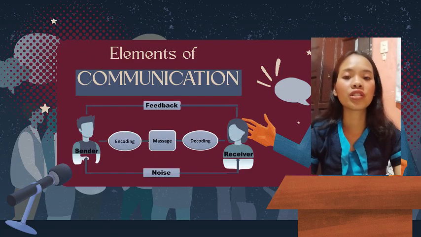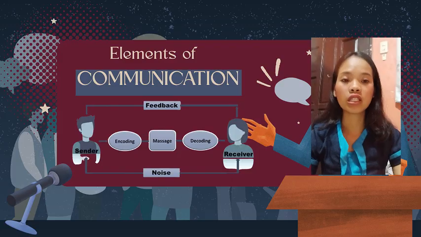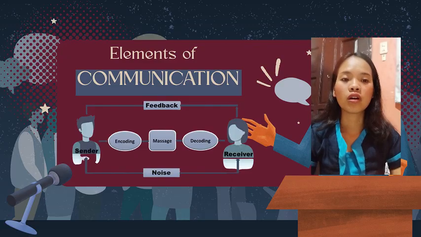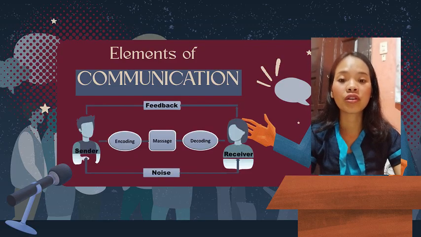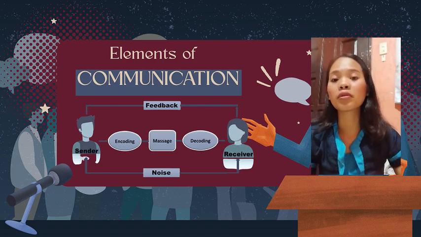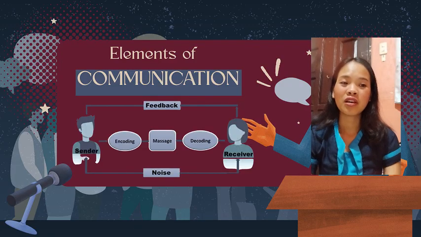The difference between encoding and media is that encoding is the process of how we deliver the message through words. But media comes in various forms. It may be face-to-face communication, like talking.